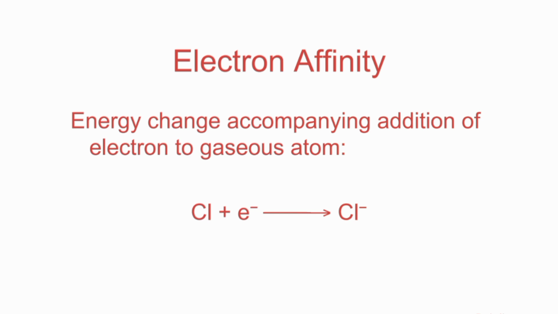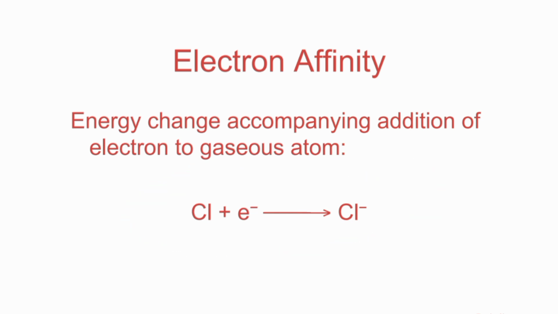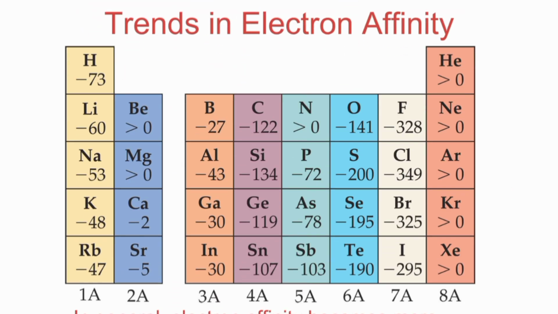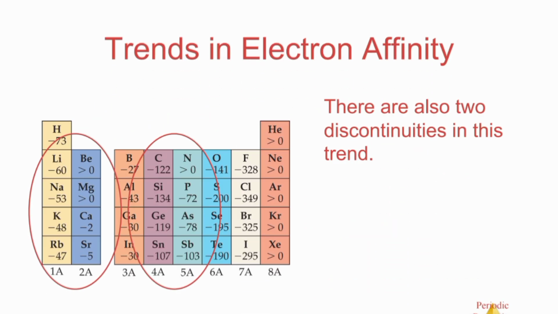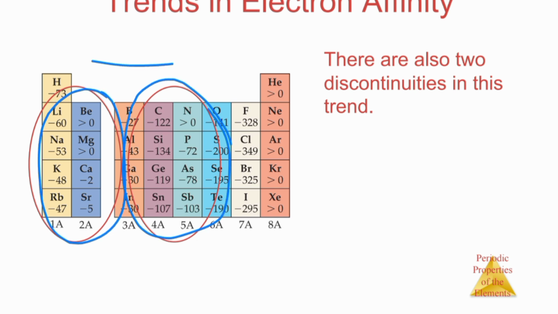Electron affinity: the energy change accompanying addition of an electron to a gaseous atom. When an electron is added, this is exothermic, and energy is released. Trends in electron affinity: don't worry about the values, just follow the trends. In a period, electron affinity increases.